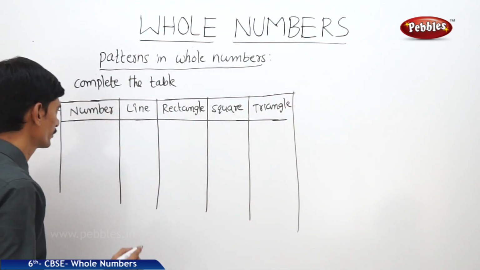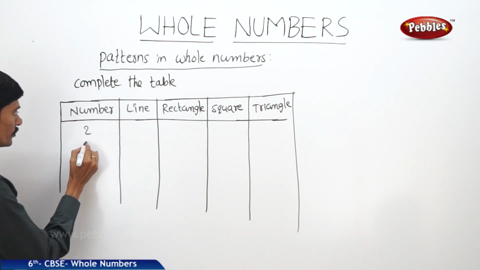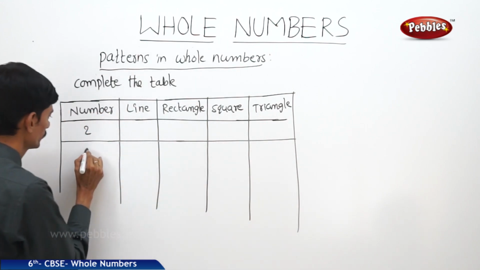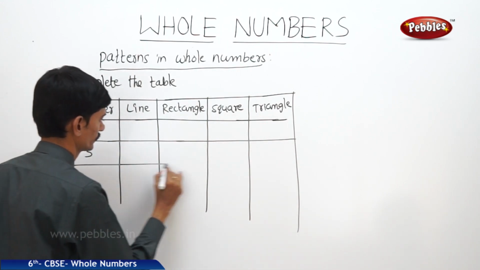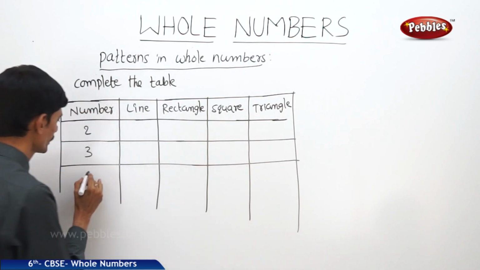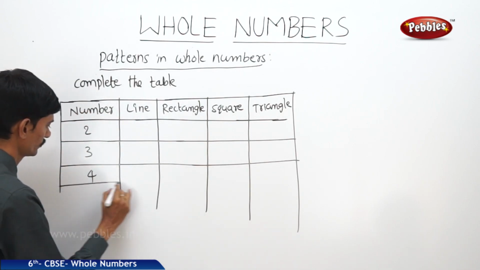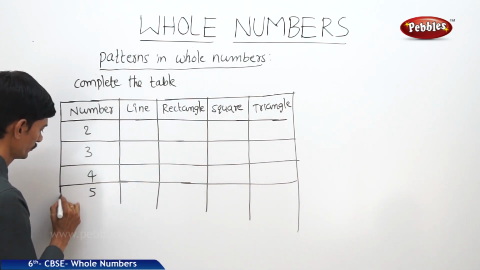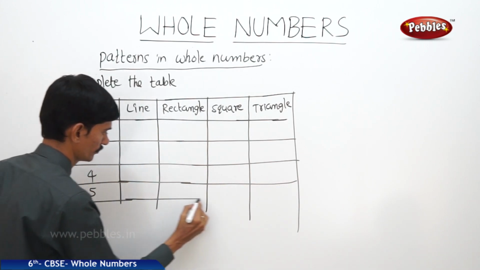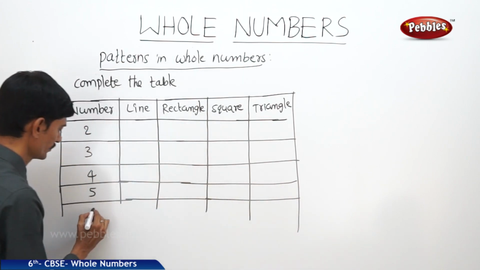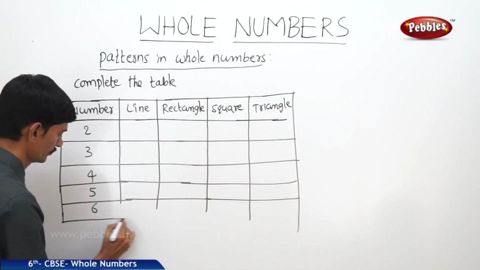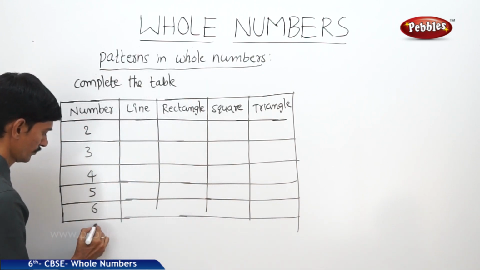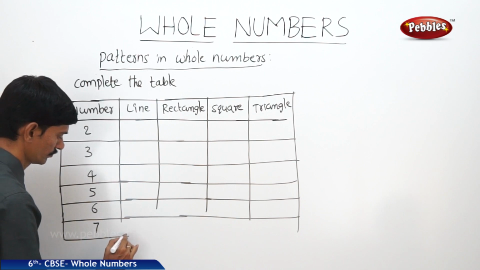So here we take the different numbers such as 2, 3, 4, 5, 6, 7 and so on.